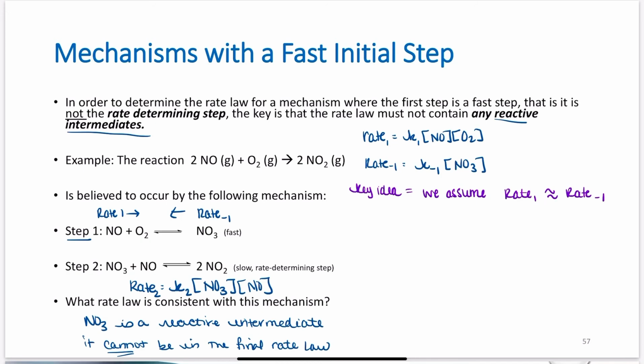If we assume that, then we can set those two equal to each other. We can say k1 NO O2 is equal to k minus 1 NO3.